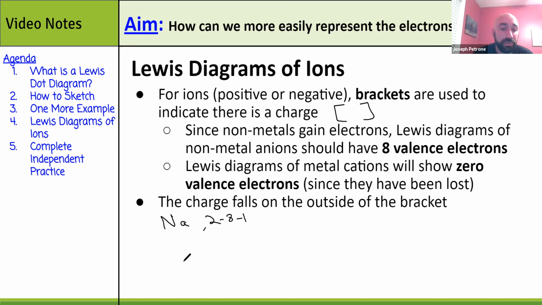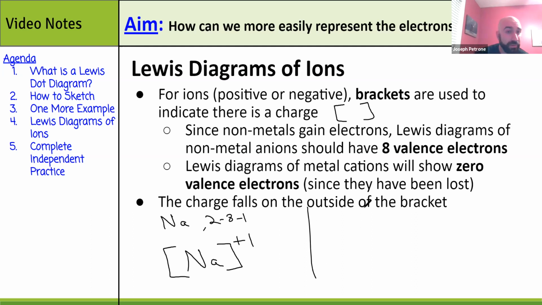We're just going to simply write out Na, put it in the brackets. Because the Lewis diagram of metals is indicating the loss of electrons, we don't have to draw any dots. You're just going to put a charge on the outside. You could put plus, or you can even put +1 if you prefer. Either is acceptable.